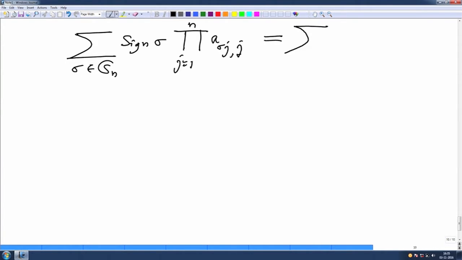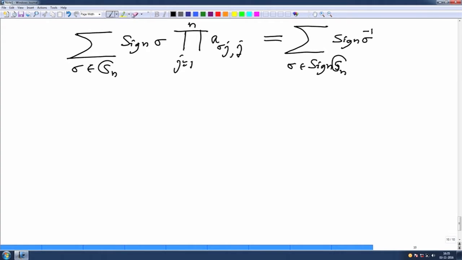Without loss I will write the same σ later. The sign of the inverse and the sign of the original permutation are the same. So this is the same as this.